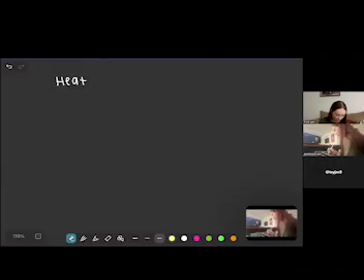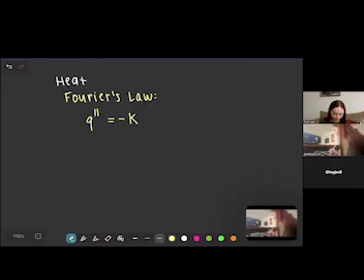We are going to use Fourier's law. And we know that Fourier's law states that the heat flux is directly related to negative one times the thermal conductivity multiplied by the temperature gradient.